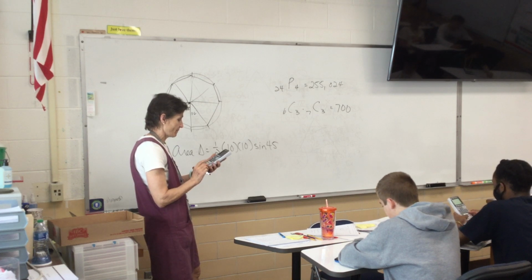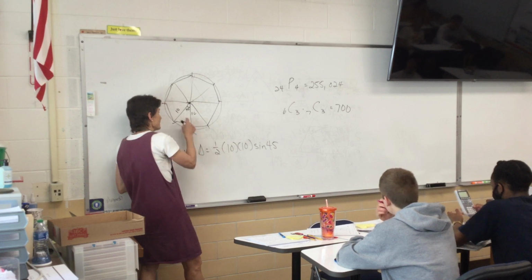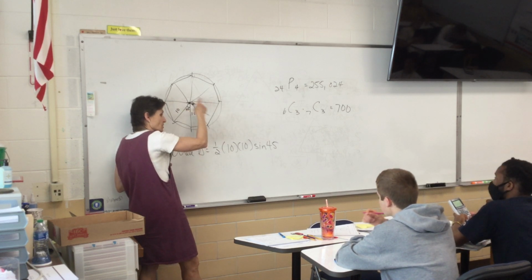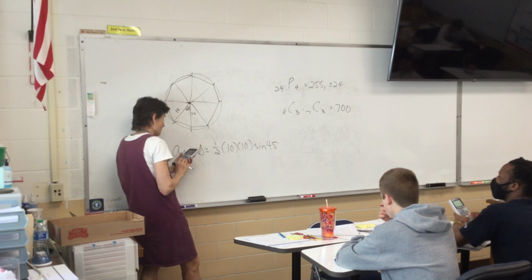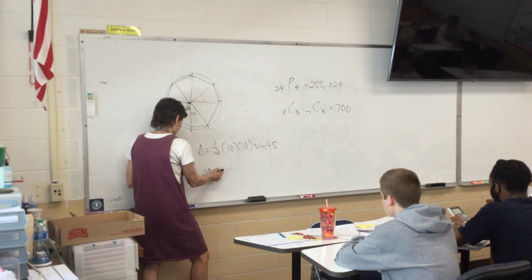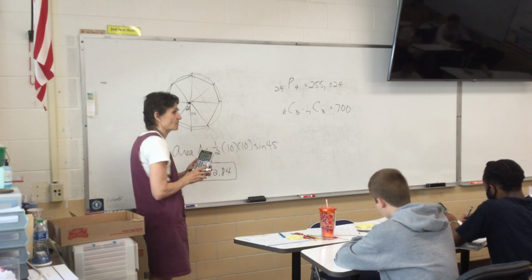Because, why? You have to multiply. This is the area of the triangle. And then you multiply by how many of those triangles there are. 8. So I'm going to multiply by 8, and the final answer is 282.84. That's your final answer.